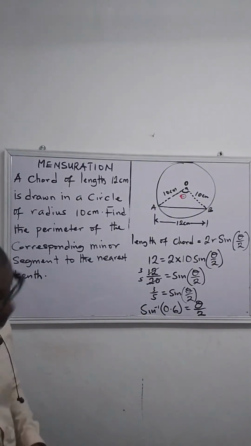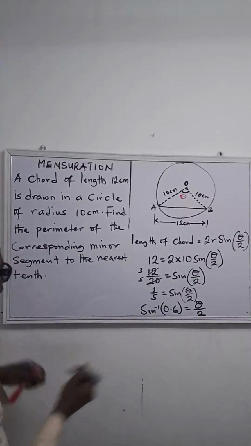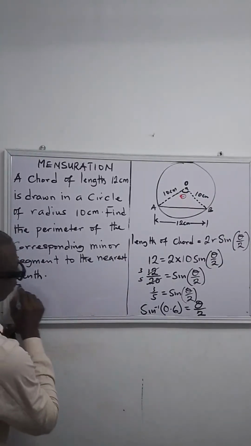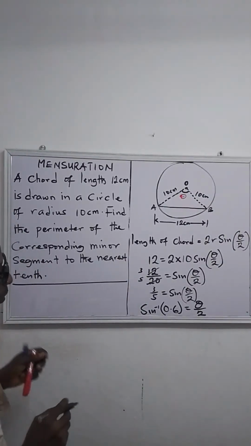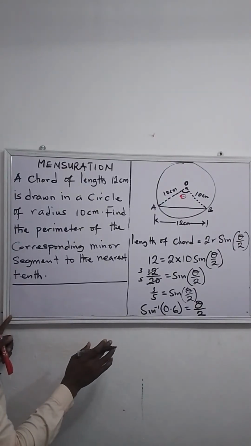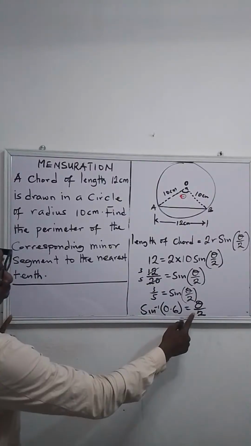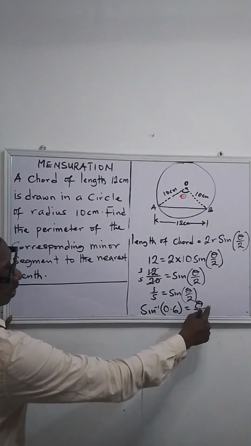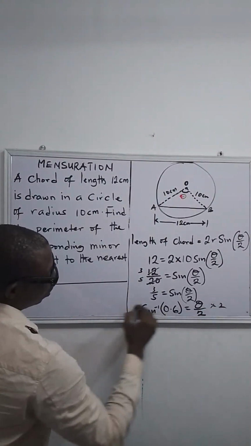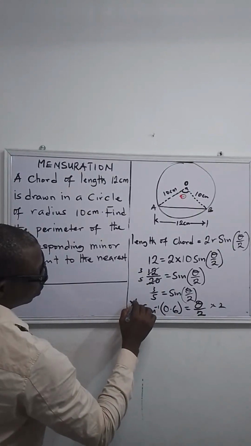All right, let me continue here. So what do we have next? You multiply both sides by 2 so that we clear this fraction. So we multiply this by 2, and this also by 2.